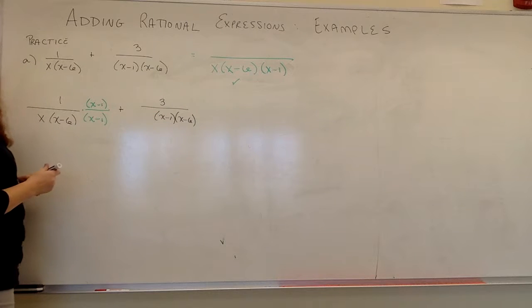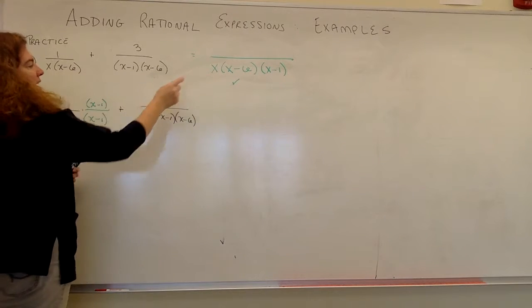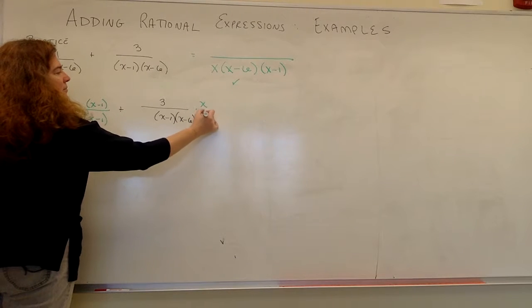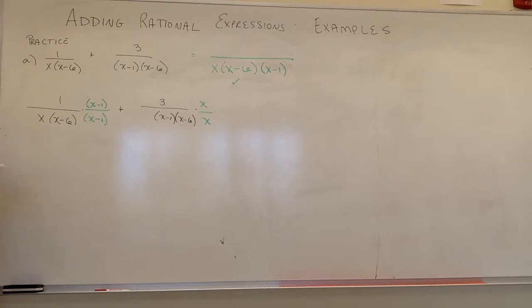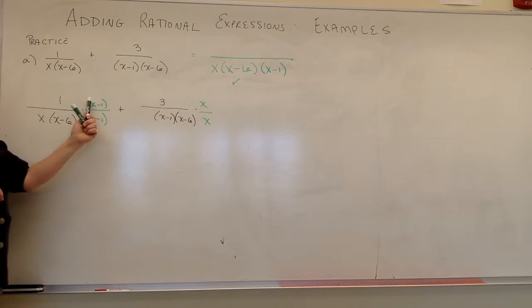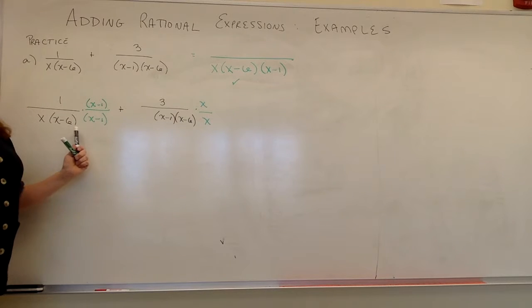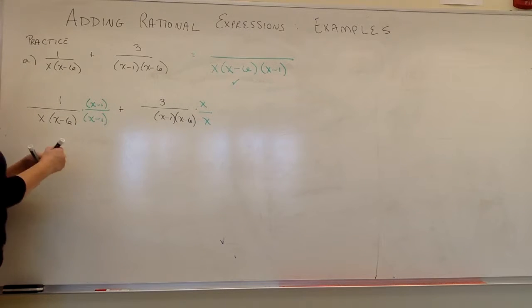What's this one missing? Well, this one's missing the x. So it needs to get multiplied by x over x. Now, remember, I'm going to multiply across in my numerators, add them together, and leave my denominator alone.